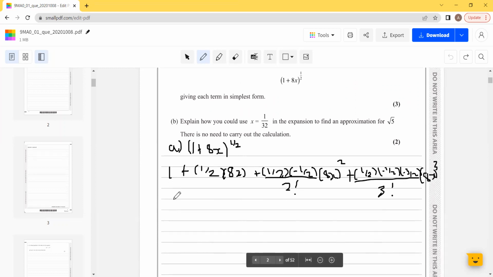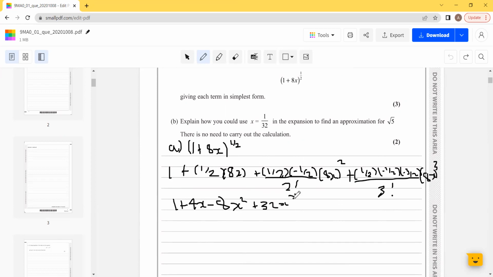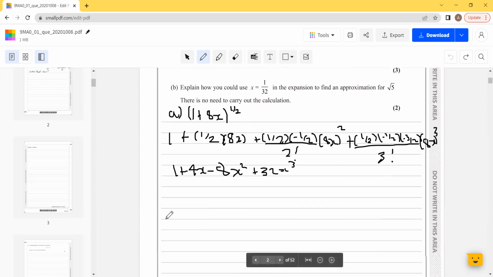Okay, so we'll just simply get 1 plus 4x minus 8x squared plus 32x cubed.